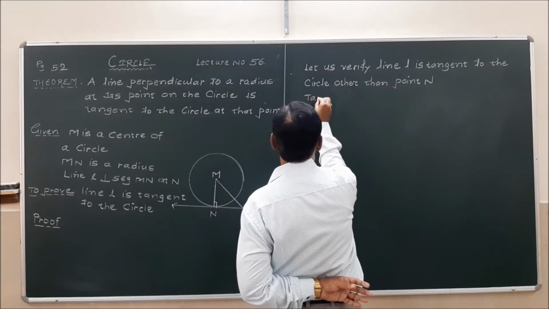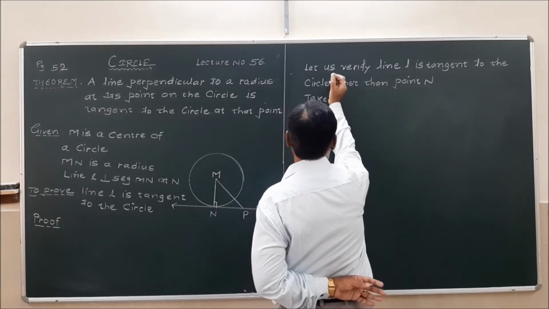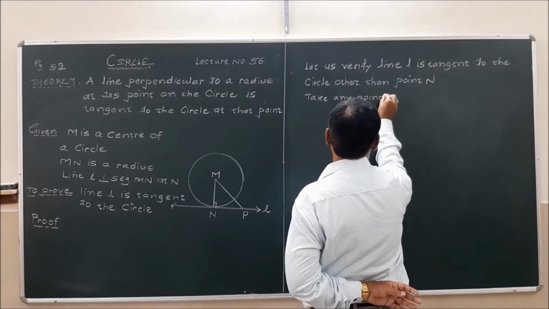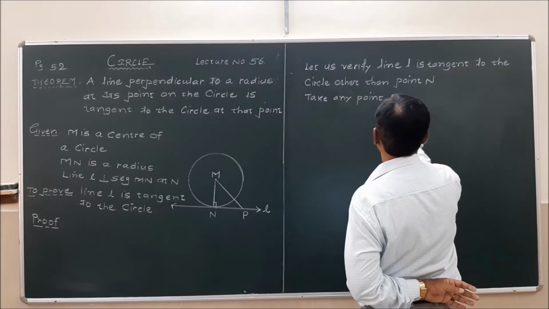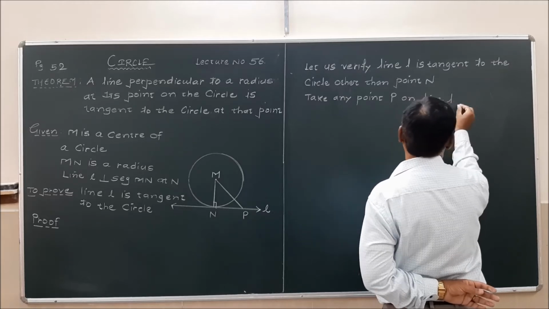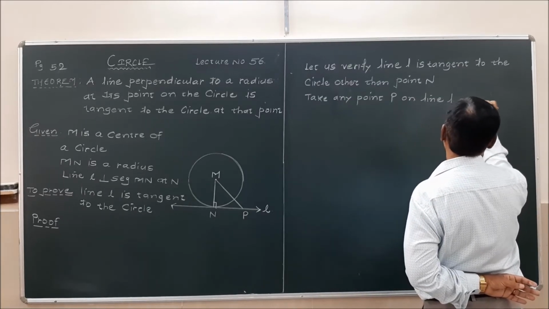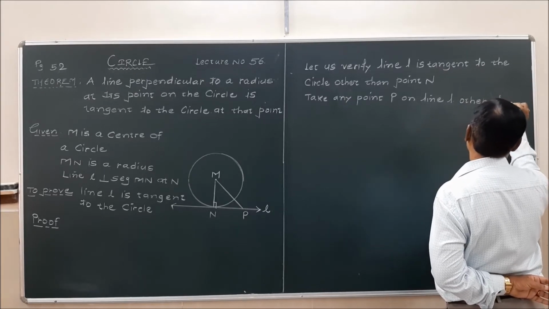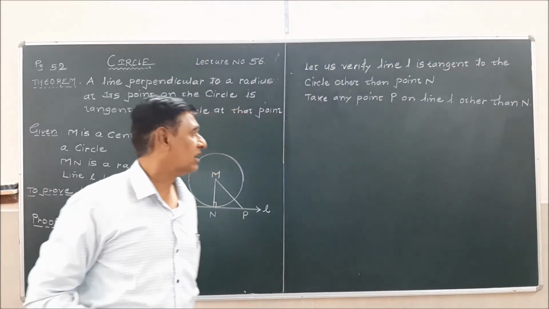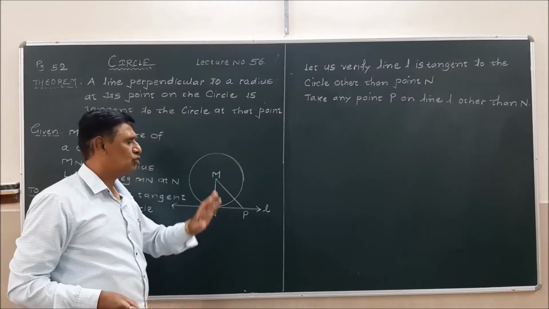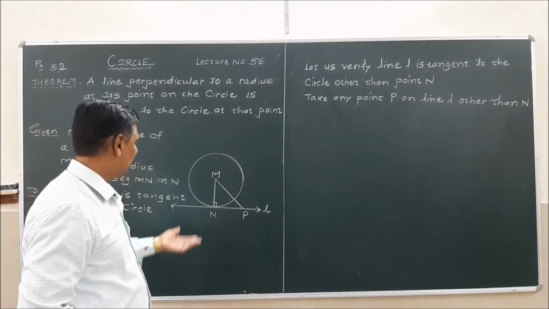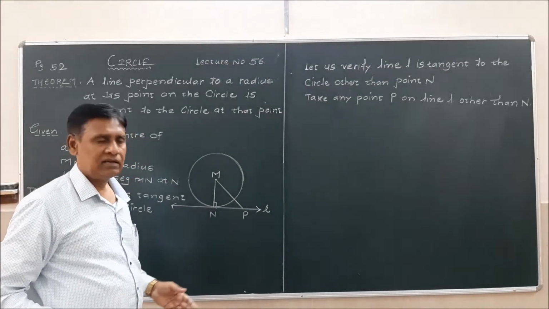Take any point P on line L other than N. We are going to verify whether line L is tangent to the circle at any other point than N, because at point N it makes an angle of 90 degrees with the radius.